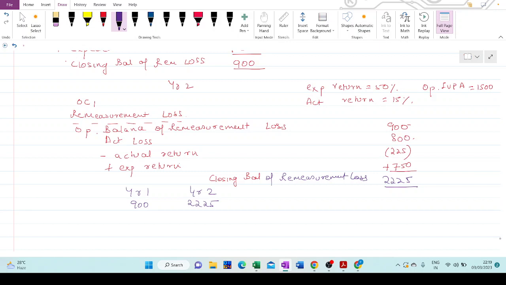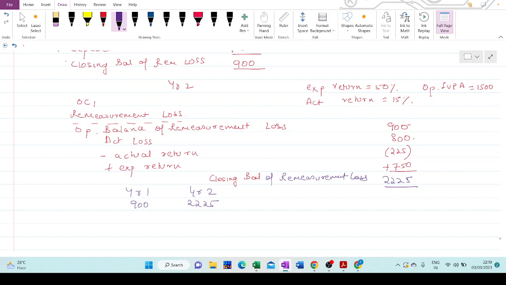So IFRS is of the view that since we are using a very low expected return assumption, if currently actual return is lower than the expected return, please listen to me carefully.